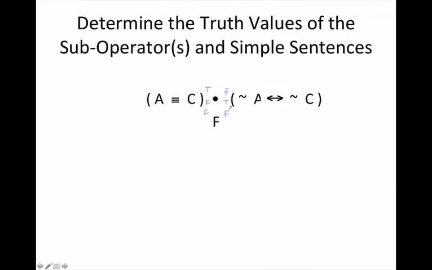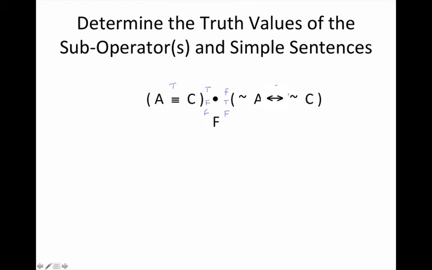So the tricky part is we don't know what that's going to be. We also can say that if the dot is false and this triple bar is true and this triple bar is false, then that means that we're going to have to come up with different values.